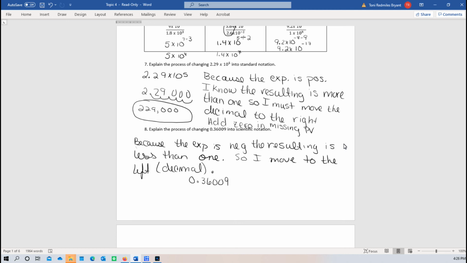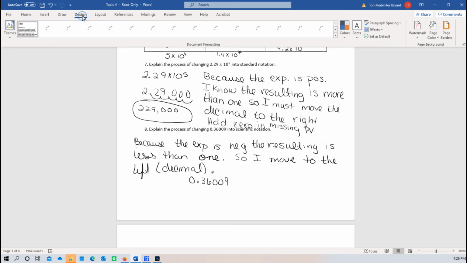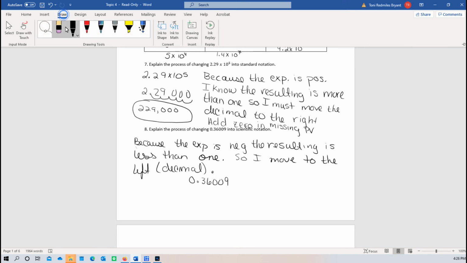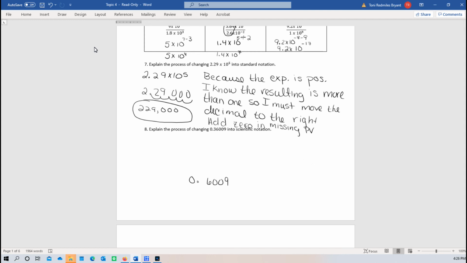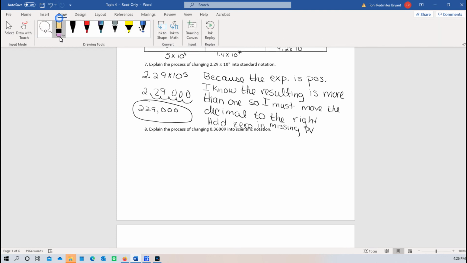So, this isn't in scientific notation. We're changing into scientific notation. Goodness. Most of that is still okay, but I'm going to erase and write because I forgot a very important thing you had to do first, which was find your sig fig, your significant figure.